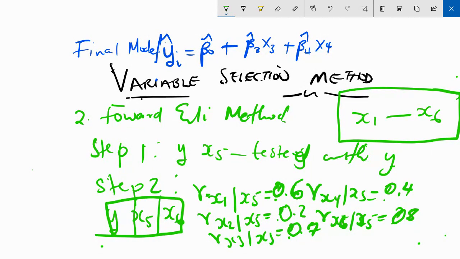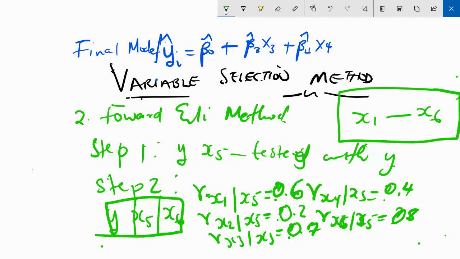Again, whenever you are running the program, the system won't show you why a certain variable was included in the model the second time or the third time. But you must know the process that is happening behind.